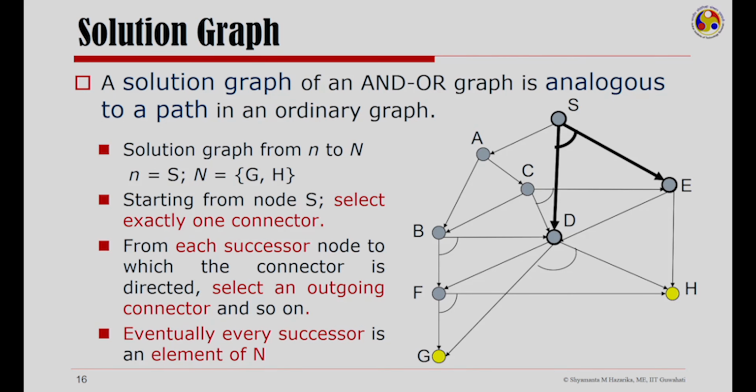Once we have solved D and E, we can look at E, which has a 1 connector to D, so we can mark that. Therefore, we have got the next node on E, which is D. At D, we realize we have a 2 connector leading to G and H. So, we will mark that, and we have arrived at the solution set. So, this is an alternate solution subgraph for the AND OR graph that we are illustrating here.